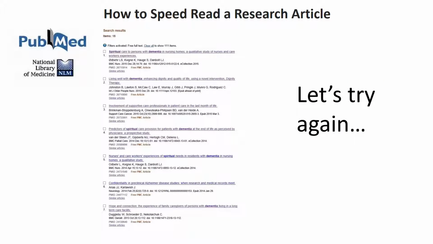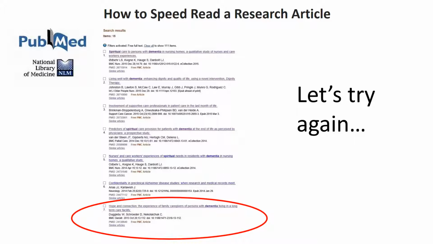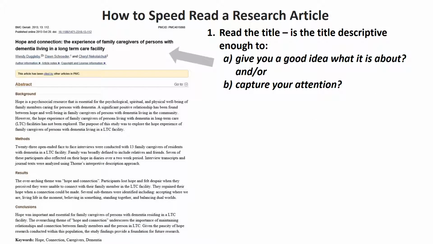I go back to my list, and here's another one that captures my attention. It says, Hope and Connection: The experience of family caregivers of persons with dementia living in a long-term care facility. So I click on it, and sure enough, I can get the full text, and here it is. So now let's go back to the speed reading process. I've read the title.